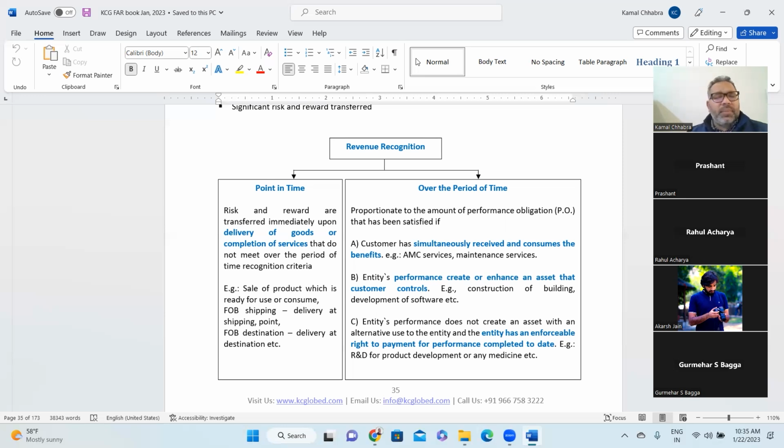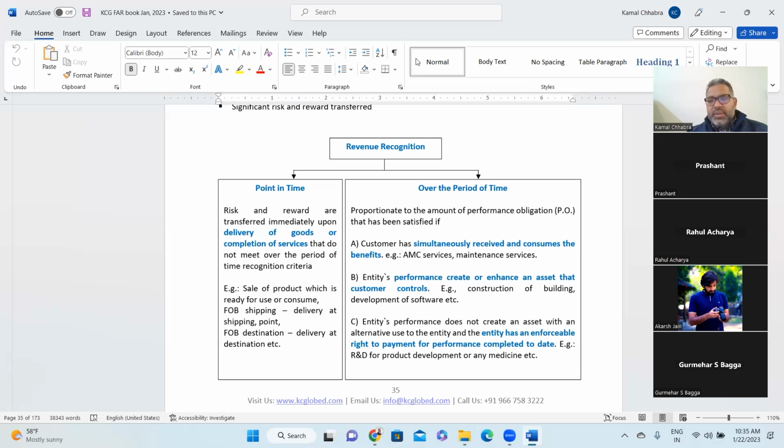If you have purchased ready-made houses and then you are selling them, it is your inventory, right? You are maybe working as a dealer, buying on your own and then selling on your own. In that scenario, you are delivering a ready-made house, so that is a point in time.